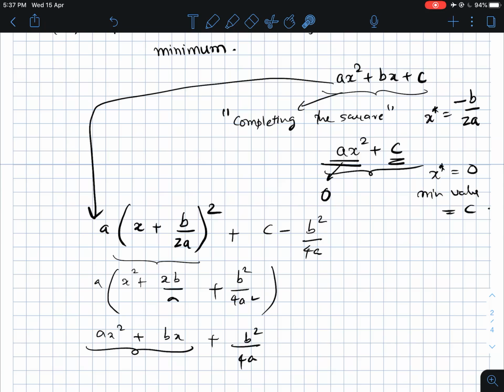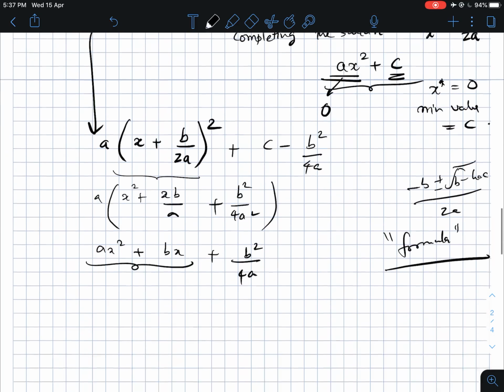Incidentally, this is actually what gives you that formula, minus b plus or minus square root of b square minus 4ac, by 2a. That formula, the supposed formula for finding the roots of a quadratic, comes directly from this, just by completing the square.